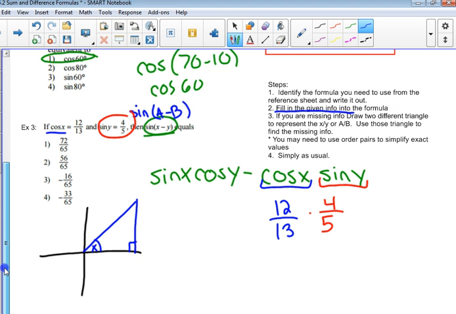Now, when we dealt with the x, we talked about the cosine. Cosine is the adjacent over the hypotenuse. So let's go ahead and label our x triangle with this. So we have a 12. Hypotenuse would be 13. Would that one be 5? Very nice. Good. 5, 12, 13 triangle. They usually give you ones like this where you don't have to do a squared plus b squared equals c squared.